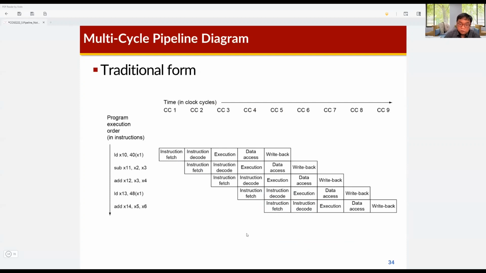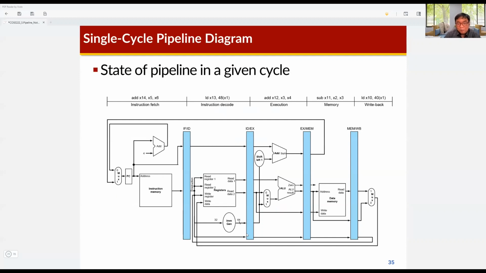So we can also use this very simplified rectangular flow of instructions. If we just focus on the single cycle pipeline diagram, this diagram just shows which instruction is located in a certain clock cycle.